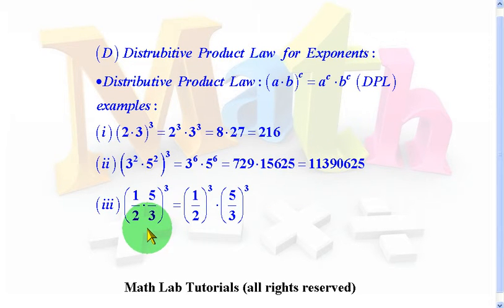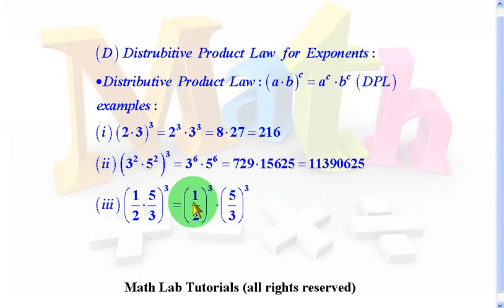The distributive product law also works with fractional bases. Over here we've got a base of 1/2 multiplied by a base of 5 over 3. And then we can distribute the exponent. So we get 1/2 to the power of 3 dot 5/3 to the power of 3.